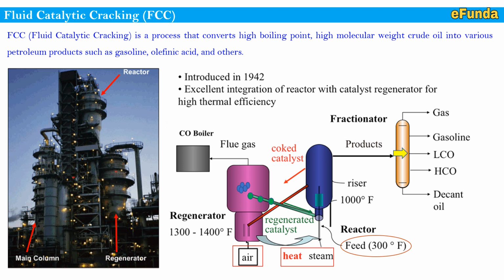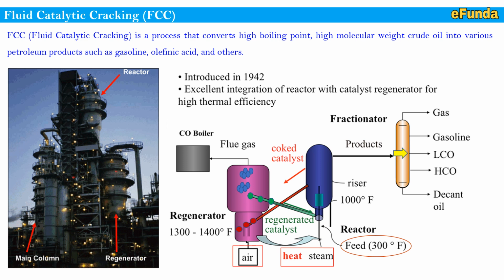Once the catalysts are coked, the coked catalysts are sent back to the regenerator and mixed with air, and heating up to 1300 to 1400 degrees Fahrenheit is done. Then after burning these, the flue gases are taken to the CO boiler, and the catalyst then flows back to the reactor.